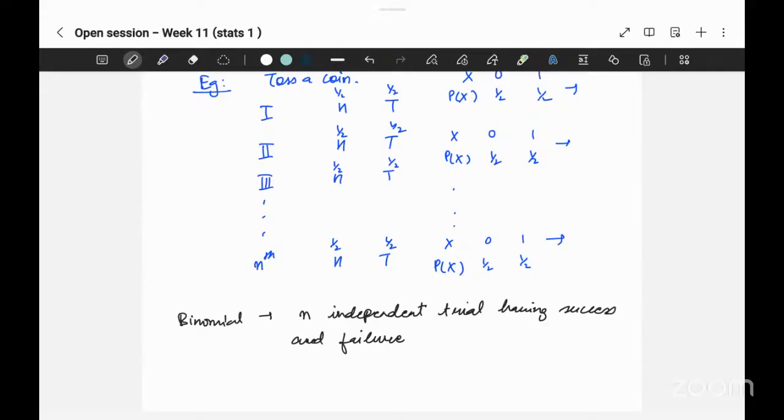If you remember in the Bernoulli, we had only one trial which had a success and a failure. Here we now have n independent trials which have success and failure.